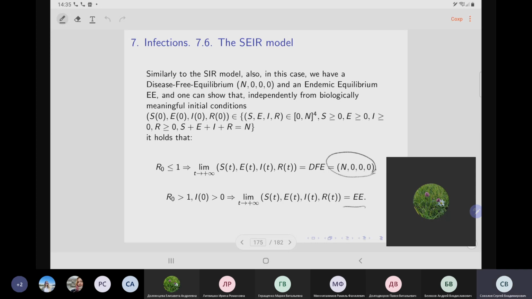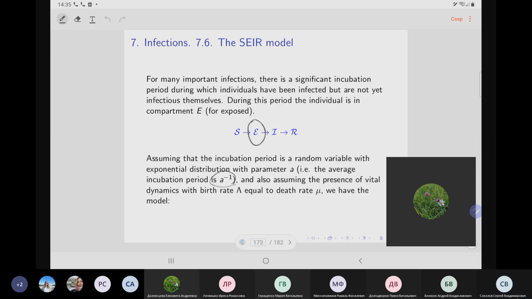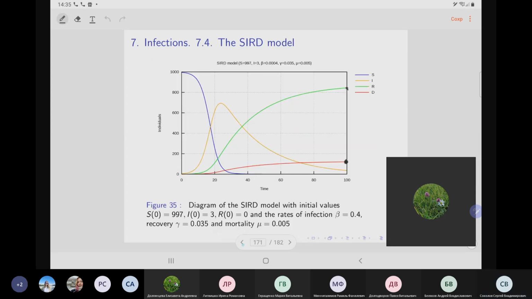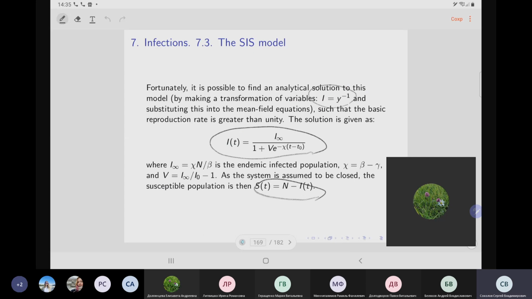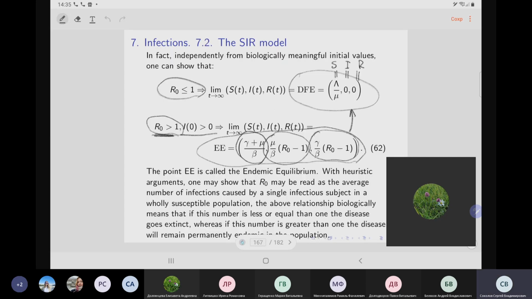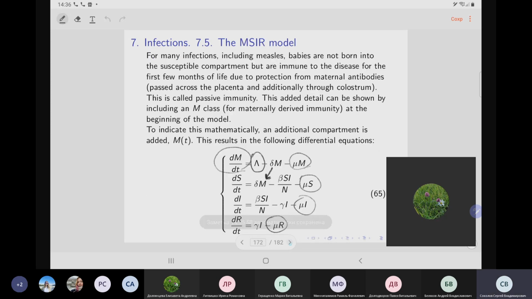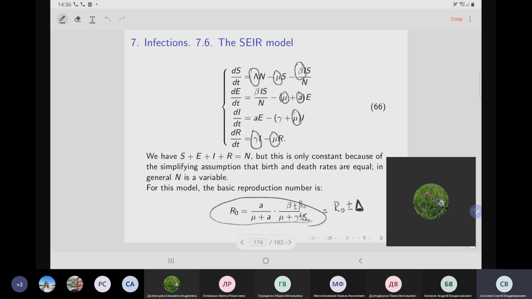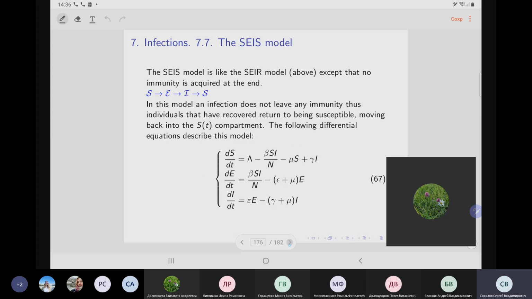So we can expect the endemic equilibrium here. It will be very close to the previous endemic equilibrium for the model with fertility and mortality, like this. Something close to this, but not the same. Not the same, but it can be found in a similar way.